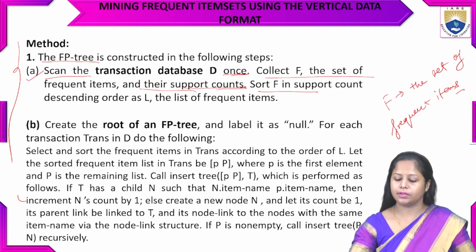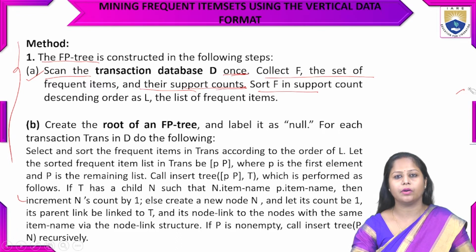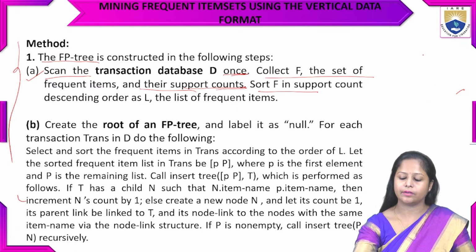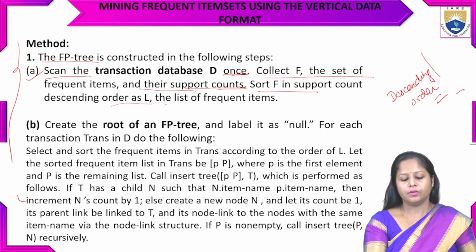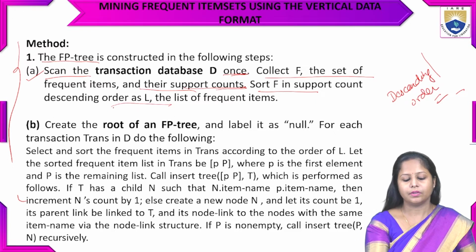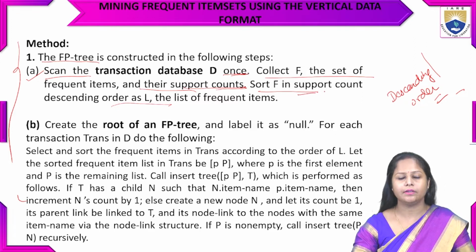Then we will sort the set of frequent items in support count descending order; that sorted list is L, the list of frequent items.